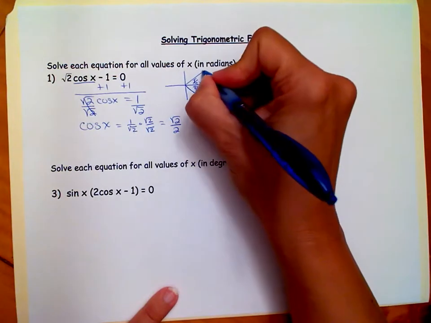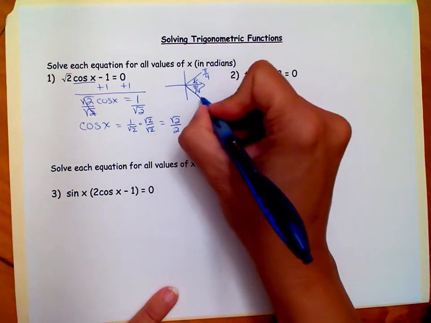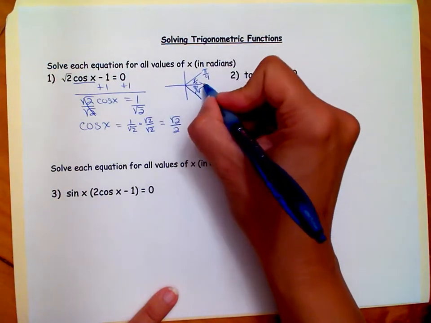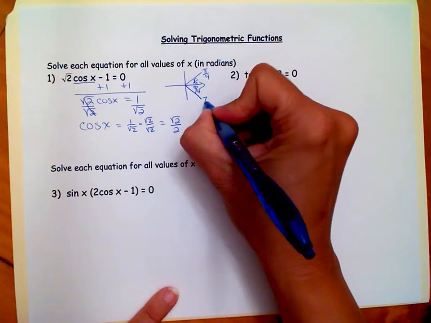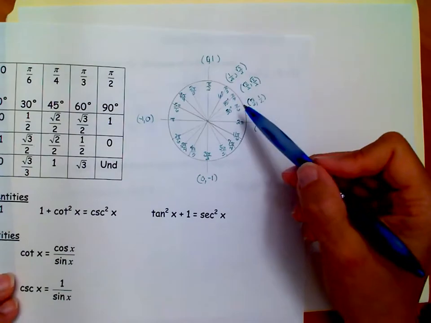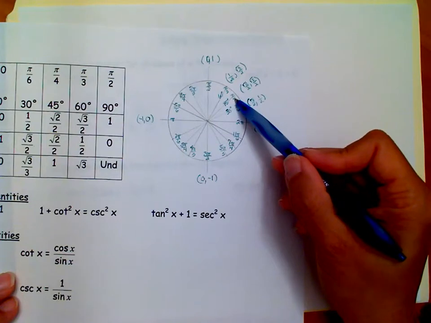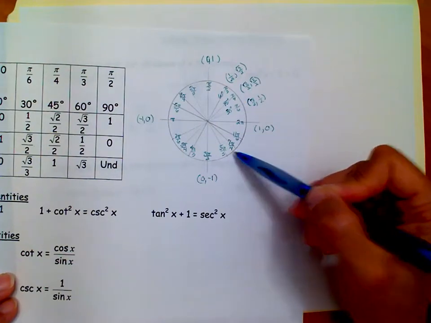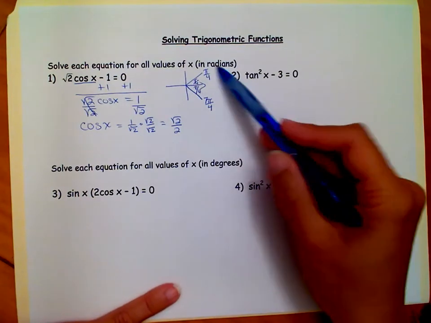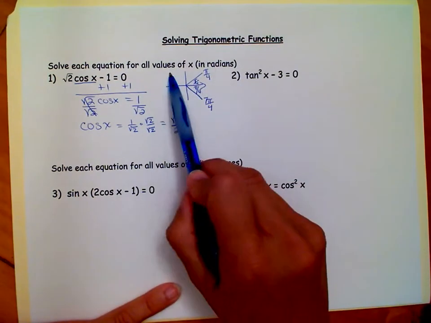So this obviously is just pi over 4, and this would be, if we went 4 pi over 4 and then 8 pi over 4, 7 pi over 4. Some of you might just have that on your chart. If you know your reference angle is pi over 4, then you just look for the ones with the 4 on them. So those would be the two answers in 2 pi, but they asked me for all values.